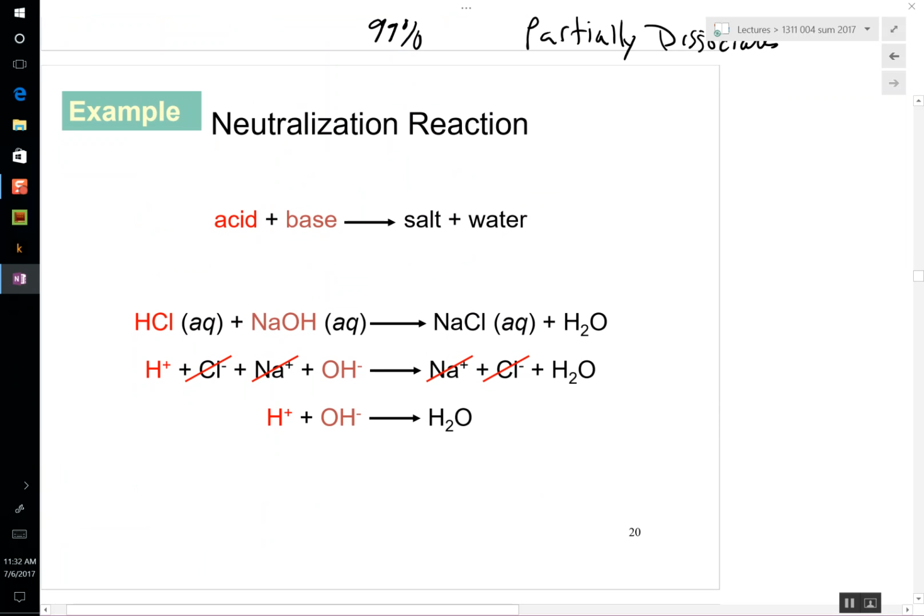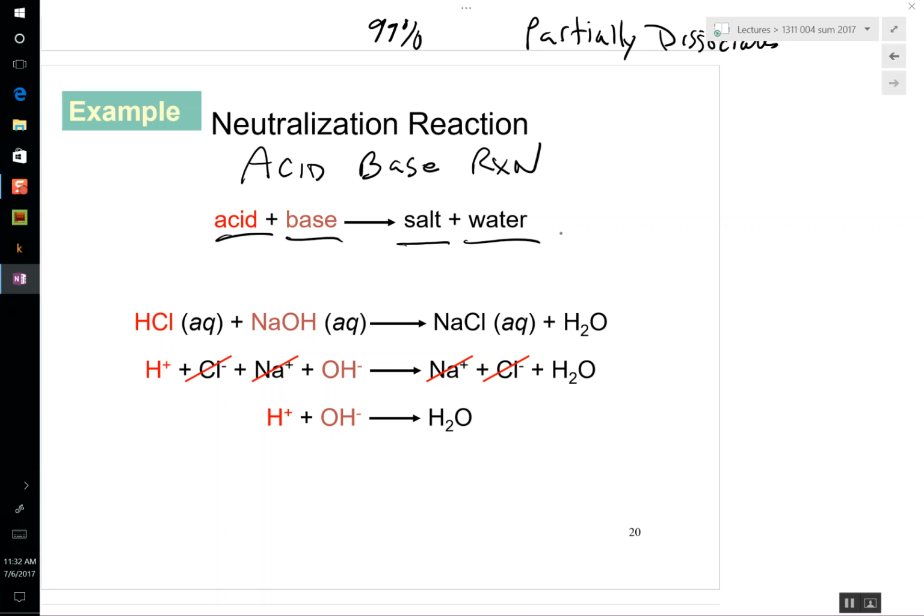All right, so an important category of reactions is the neutralization reaction, or the acid-base reaction. And here is your general description of an acid-base reaction. An acid plus a base forms a salt plus water. We could write in a whole bunch of different acids and bases here.